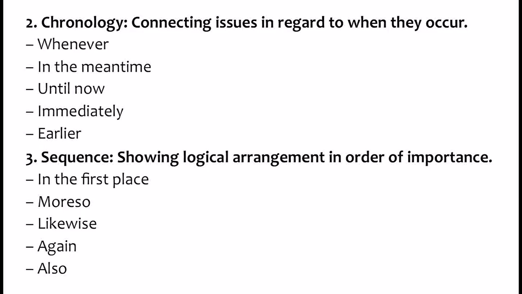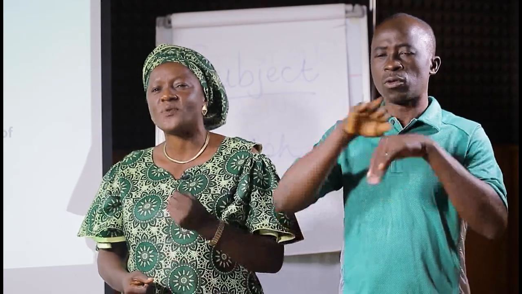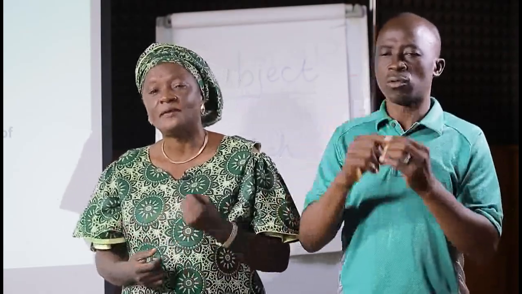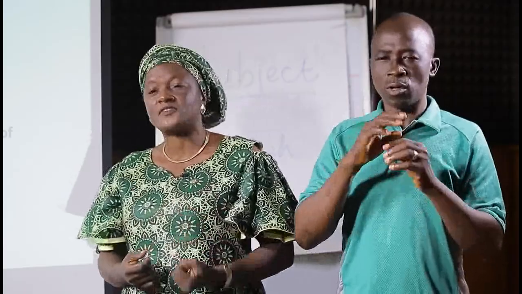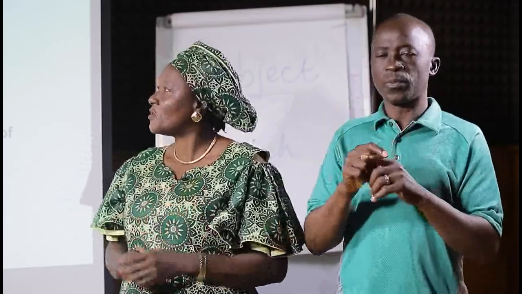Two, chronology. This means connecting issues in regard to when they occur, which means this is telling us about time. When we hear when, adverbial of time, adverb of time. So remember time when we talk of chronology.